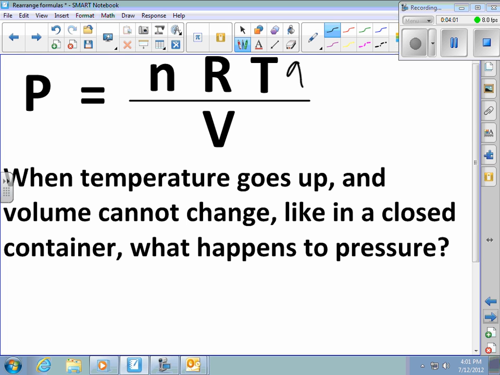Well, if the temperature goes up, then the pressure also has to go up, because there's an equal sign in the equation that says the right side is equal to the left side.